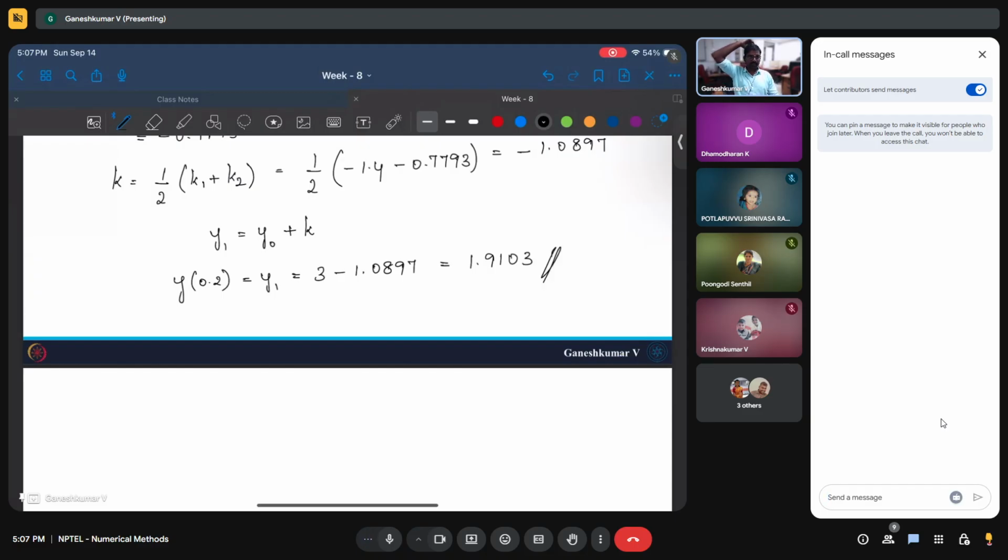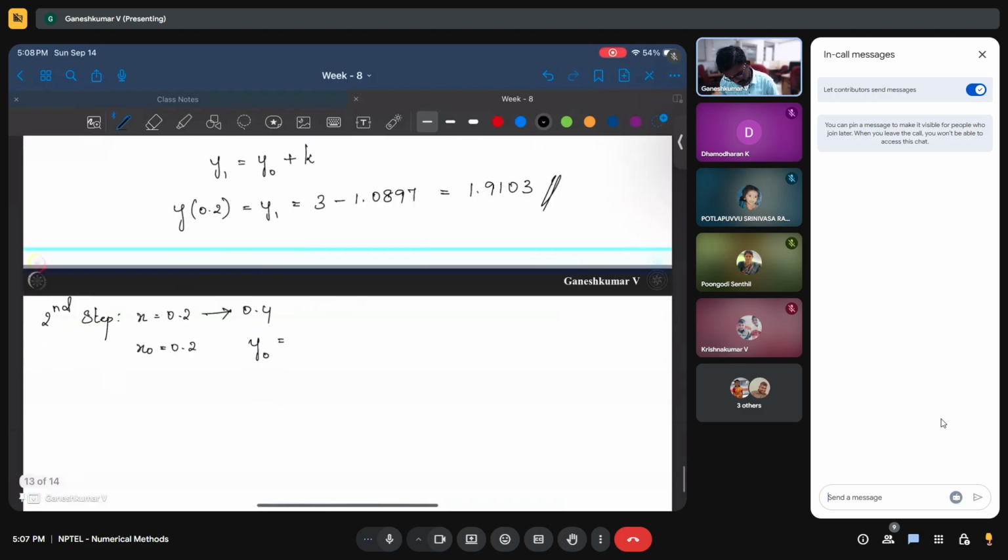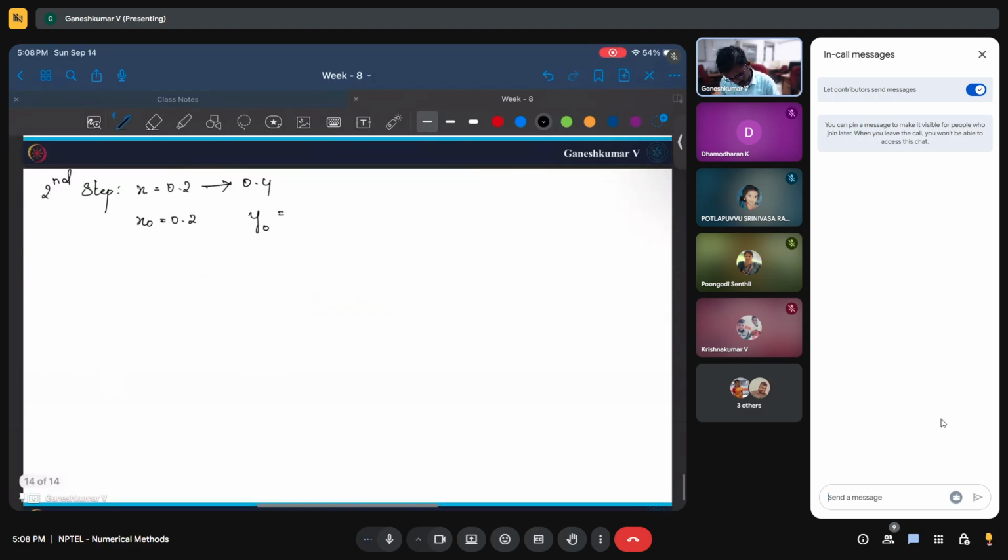So this is y at x equal to 0.2. What we need is y at 0.4, so we'll take the second step. The second step is from x equal to 0.2 to 0.4. Now your x naught is 0.2, y naught is 1.9103. Again your h is 0.2.